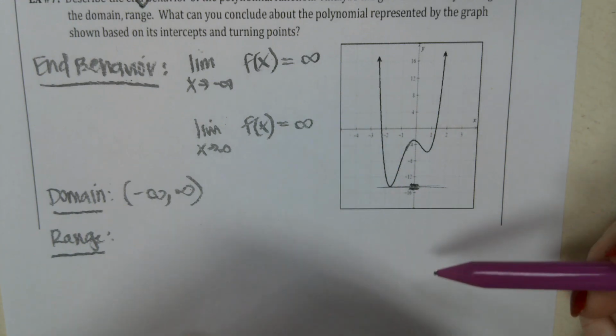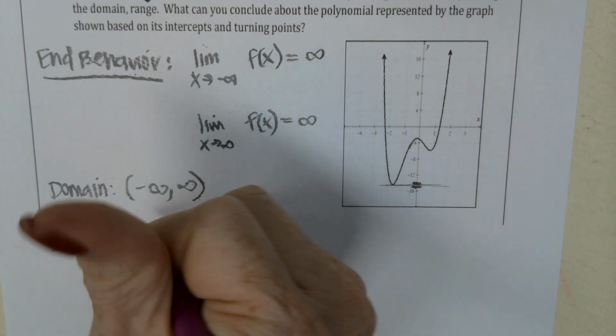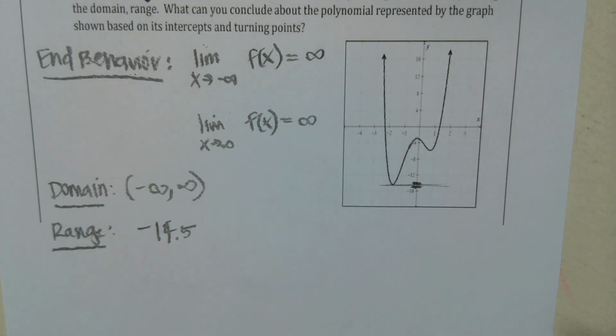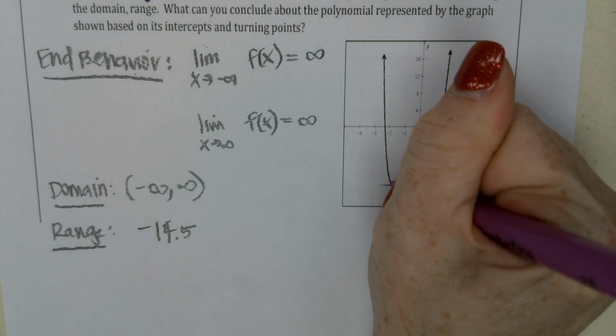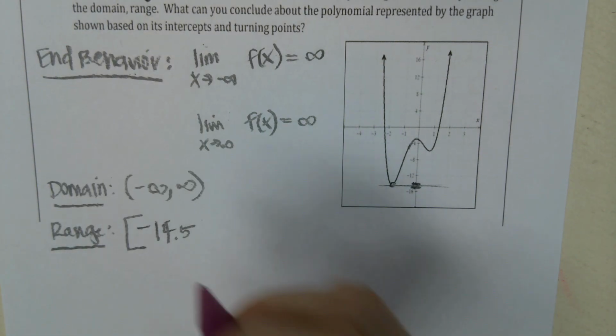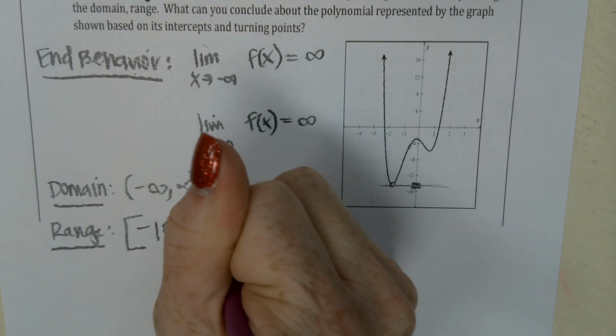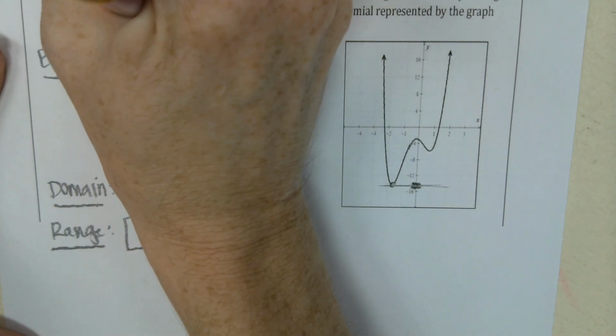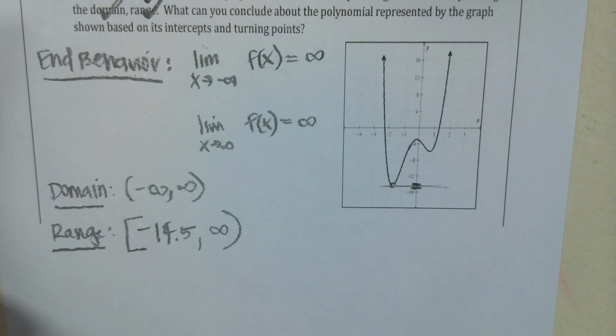So I'm going to say from bottom to top, the very first y value that I have is -14.5. Now, because that is an actual point on the graph, I'm going to include that, and it goes up forever. So domain and range are complete.